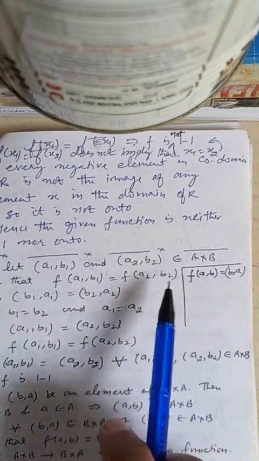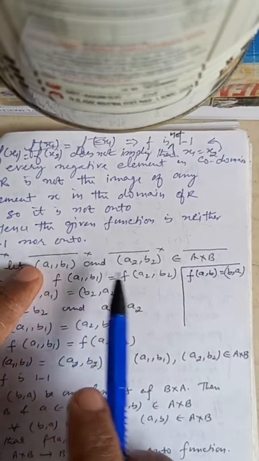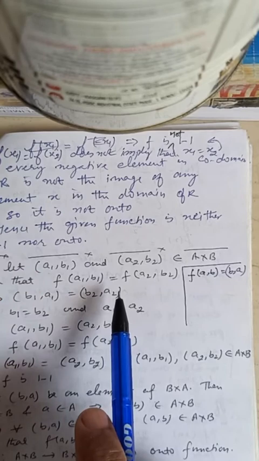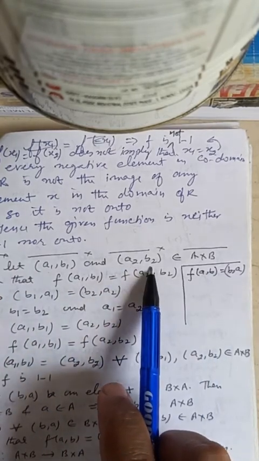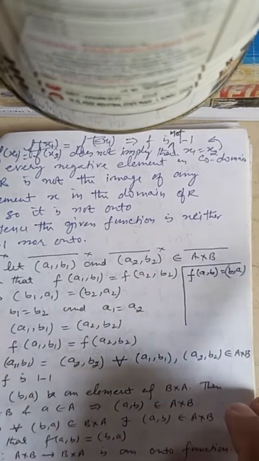So f(a1, b1) will be equal to (b1, a1), and f(a2, b2) will be equal to (b2, a2).